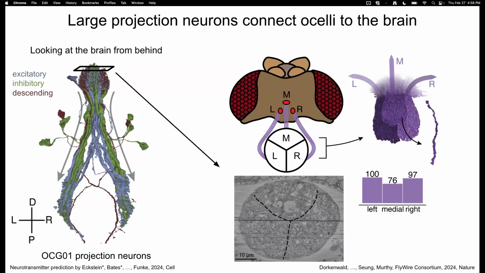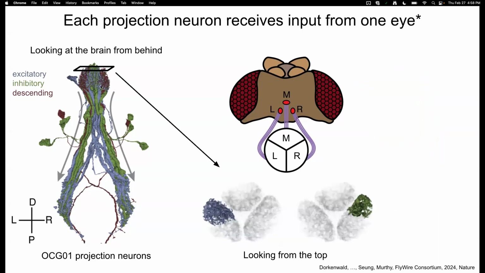But it gets better. We can look at these from the top and look at what eyes these receive input from. So here I'm showing you, again, these three eyes, the regions, and each of these ocellular ganglion cells only receives input from one eye. So here I'm showing you one excitatory neuron on the left, and it receives input from half of this region of the left eye. Here, this inhibitory neuron receives input from half of the region on the right eye.